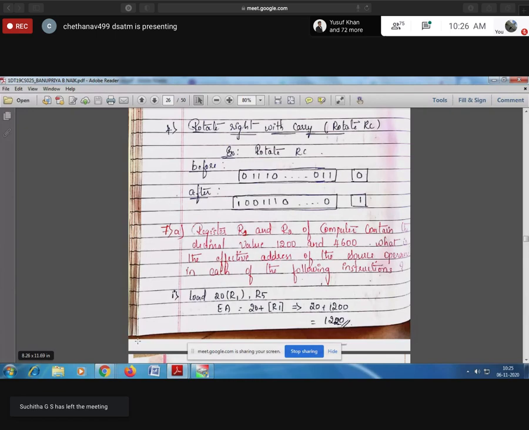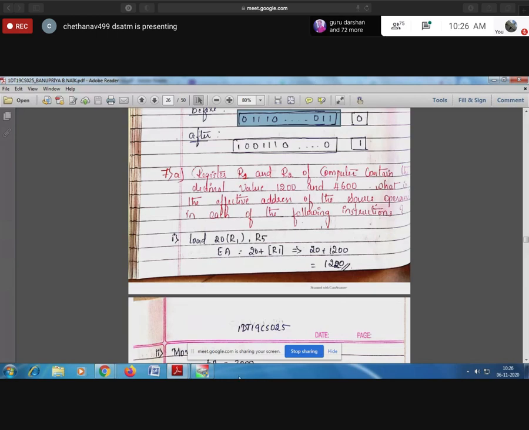You have to explain all this concept with one diagram. You can take one instruction and explain. At least represent it diagrammatically, no explanation required. That may be enough. And we'll go to the seventh one.